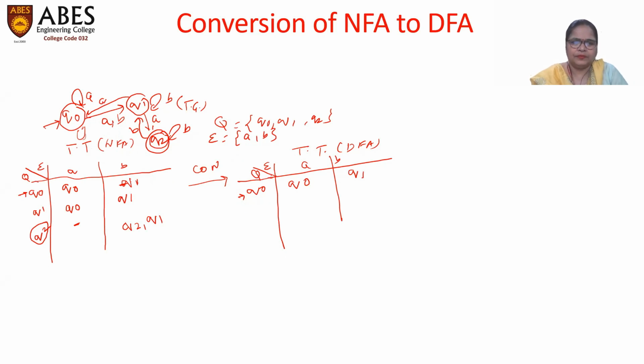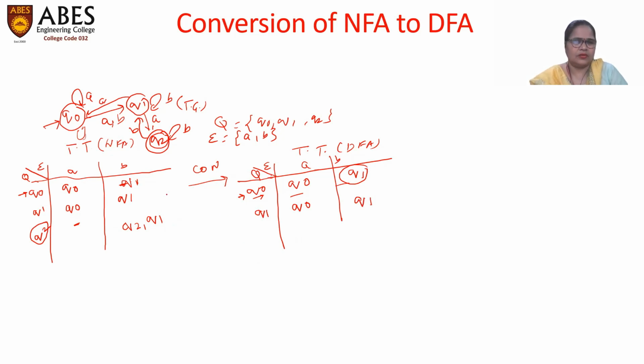At Q1, how many states do you get? Q0 and Q1. Q0 is already traversed, so what is the new state here? That is Q1. At the Q1 state, when you read the A input symbol you go to Q0, and also for the B input symbol, Q1.